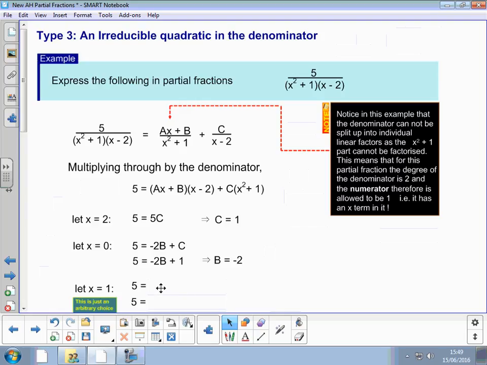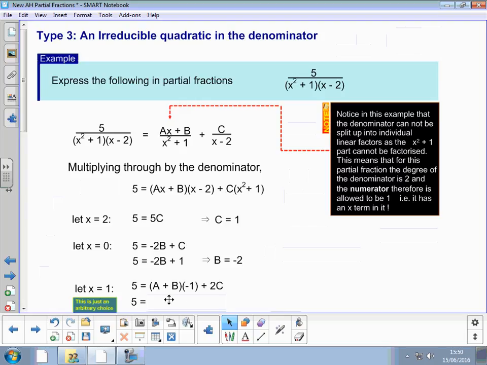So replacing x with 1 and multiplying through, we end up with a plus b times minus 1 plus 2c. The 2c came from 1 squared plus 1, which of course is 2, giving us 2c there.